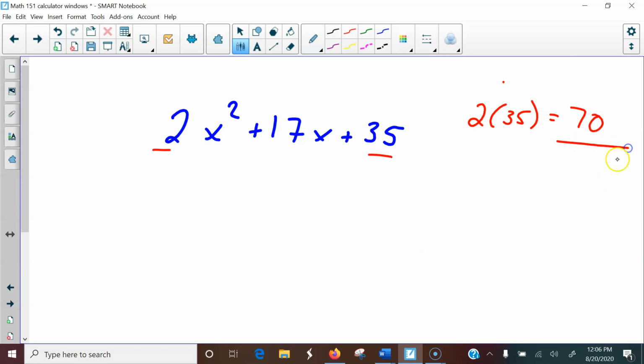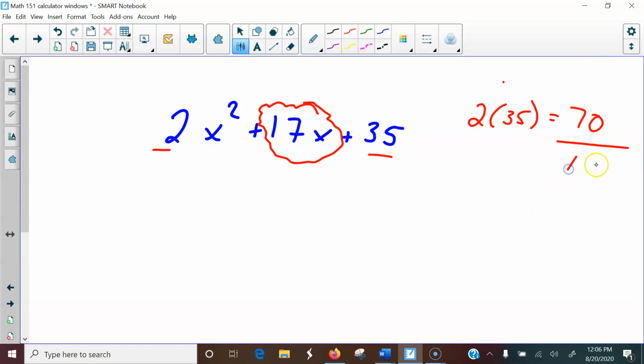Okay. Now, from here, I want factors of 70 that add to this 17. Since the 70 is positive, both factors are the same sign. Since the 17 is positive, they're both positive.